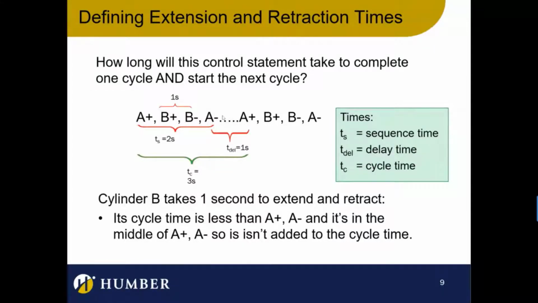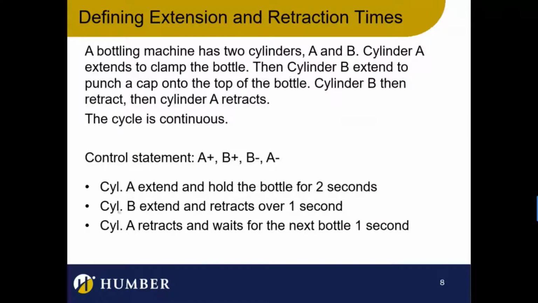No. I thought it should be between B plus and B minus, where you have labeled 1 second. Yeah, but that's here. You see, look, cylinder B extends and retracts over 1 second. Do you see that? Yes, I do, but I'm just a little bit confused about this delay time.